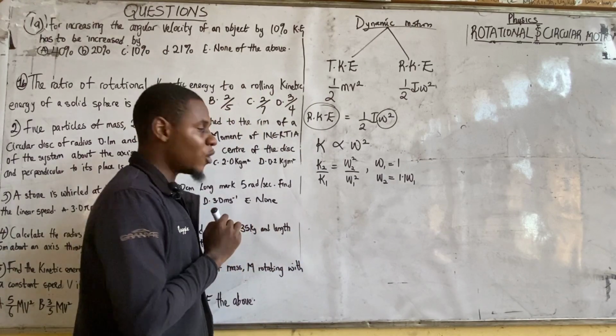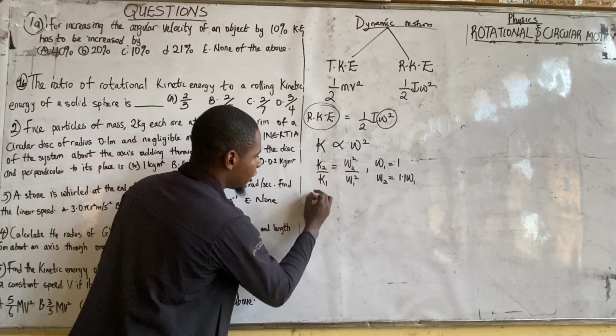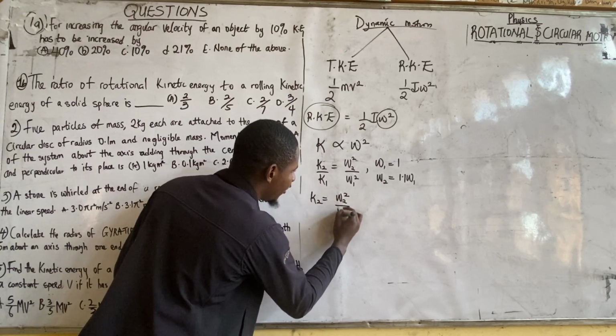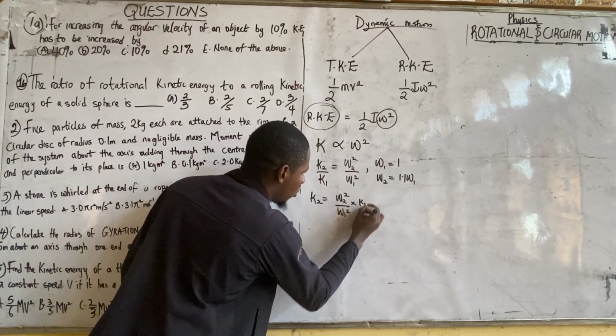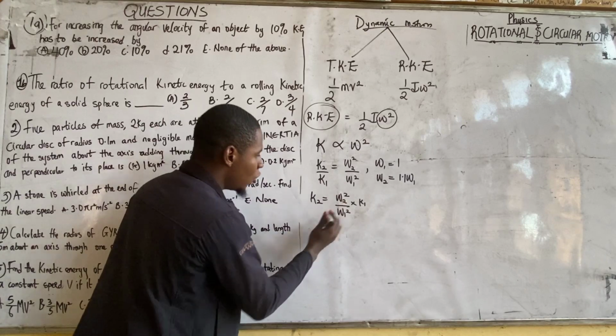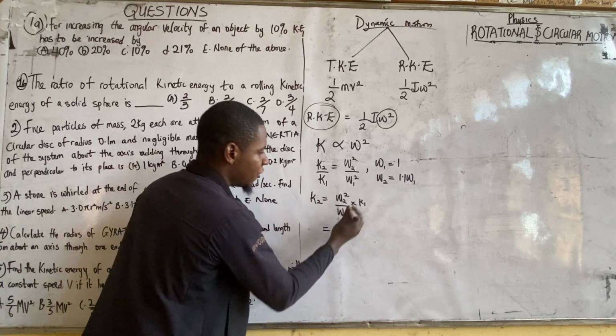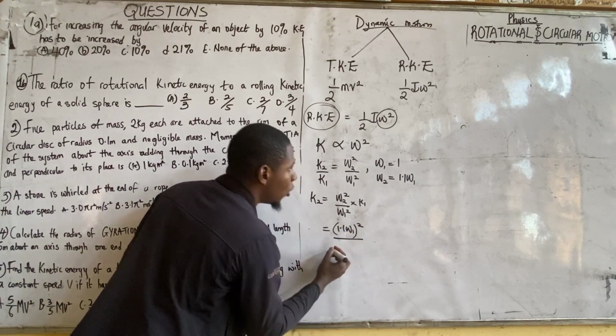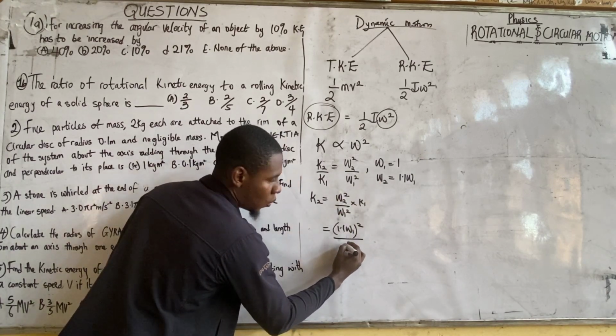So K2 is equal to omega 2 all squared over omega 1 all squared times K1, which gives us 1.1 of omega 1 all squared over omega 1 squared.